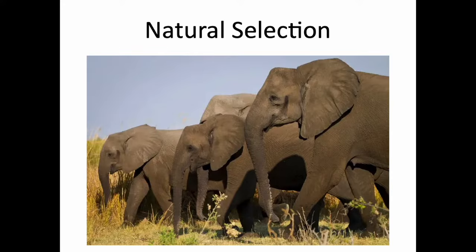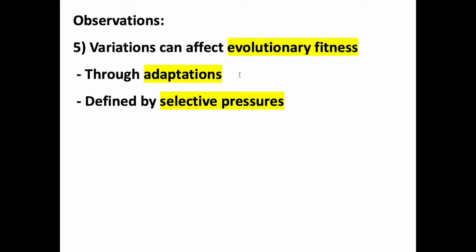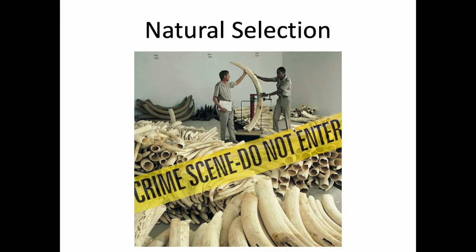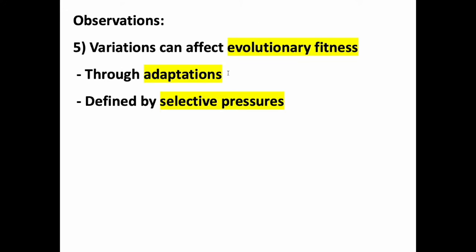So, go back to this. What we're seeing is an adaptation. That's the tusklessness. It is an adaptation because of the selective pressures. Under these circumstances, poaching is a very strong selective pressure, choosing who lives and who dies. That makes the tusklessness, not having these tusks, that makes that trait an adaptation.